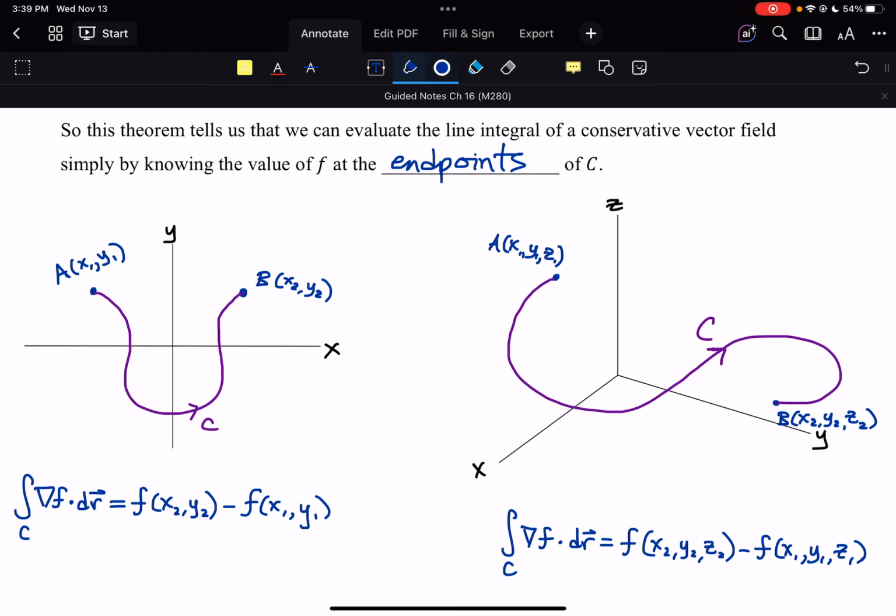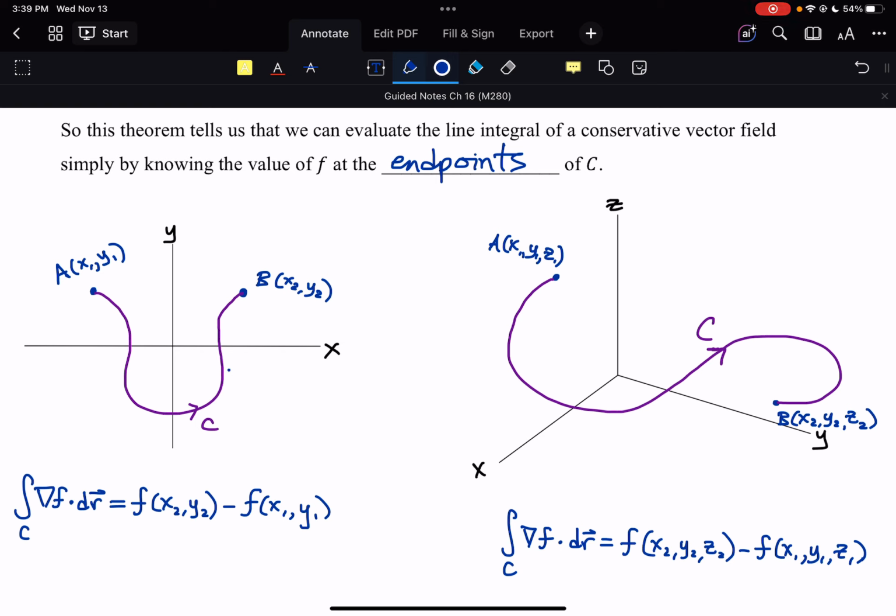This says as long as the vector field we're working with is a gradient vector field, we can simply evaluate the function f between the terminal and initial points, and that'll give us the value of the line integral. Same thing in 3D with x, y, and z. And notice the interesting part of this, as long as we're evaluating at the endpoints here, it really didn't matter what this curve was.